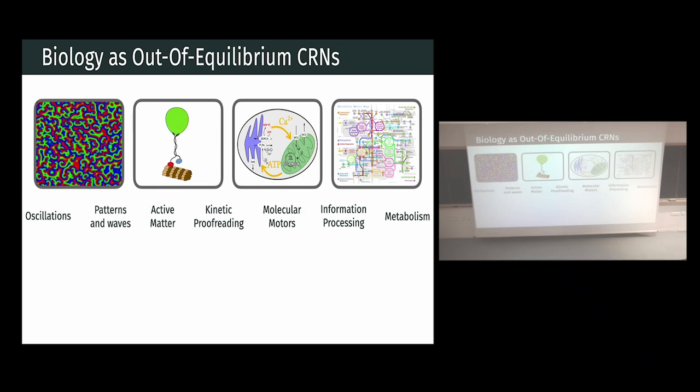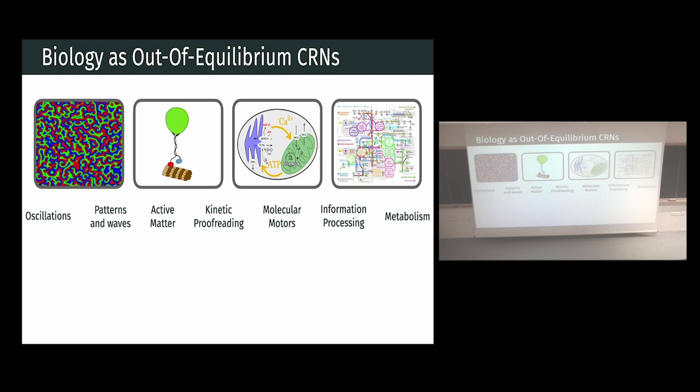You can create patterns, waves. You can control the motion of molecular motors, to transport a load from one side of the cell to another. You can process information, and you can also convert a form of energy, something stored in nutrients, into something else, like ATP.